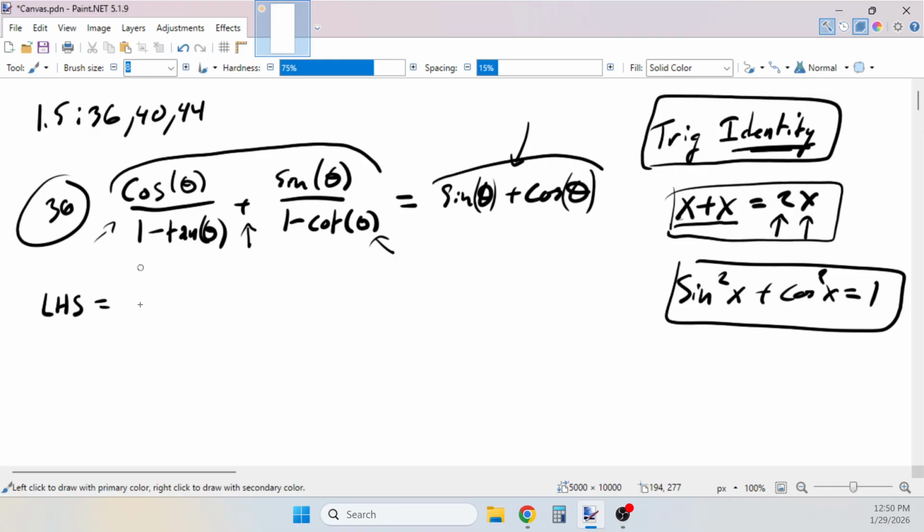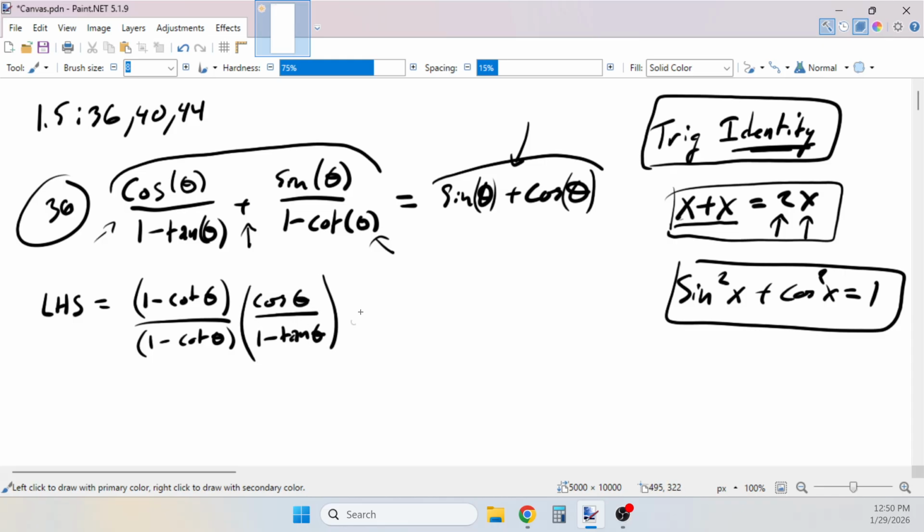So I'm going to multiply the left fraction by 1 minus cotangent theta over itself. And the right fraction I'm going to multiply by 1 minus tangent theta over itself.